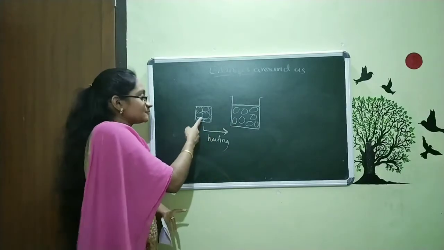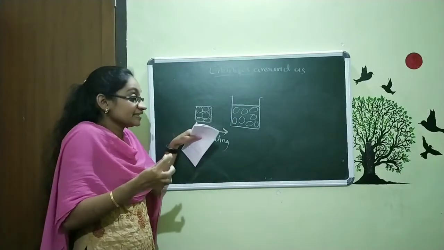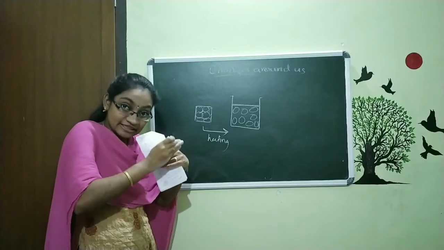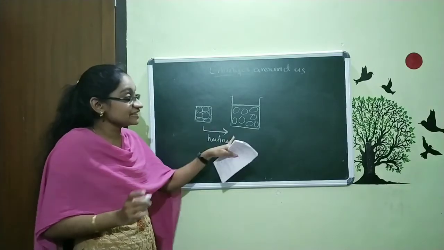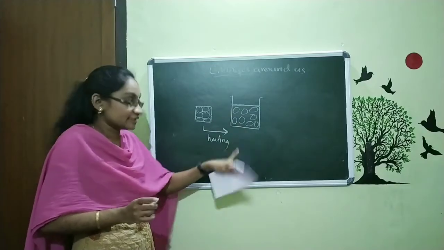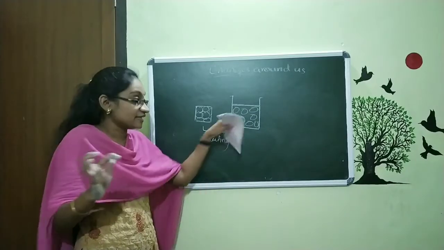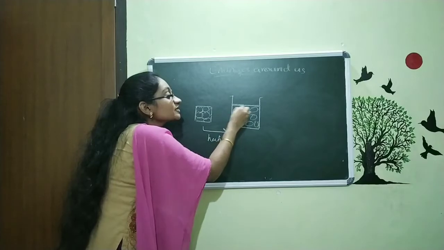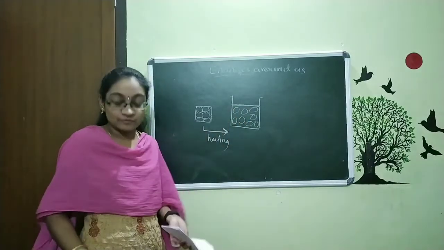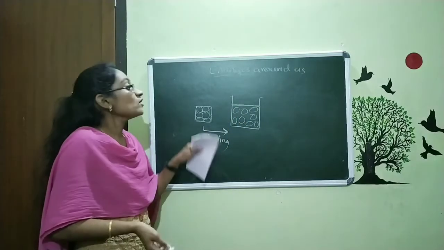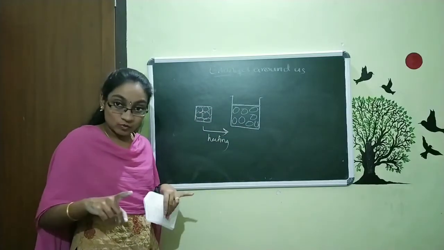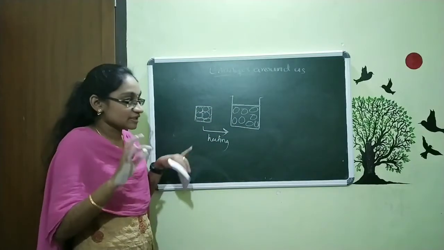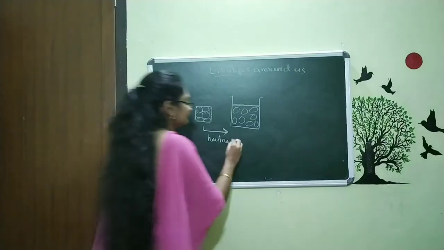You can see that these molecules are very closely packed. Here they are very near. It needs only a small space. But when we heat this, it is converted to water, and here the molecular arrangement is different. The molecules have more space in between. And so we can say when this ice cube is converted to water, there occurs expansion.